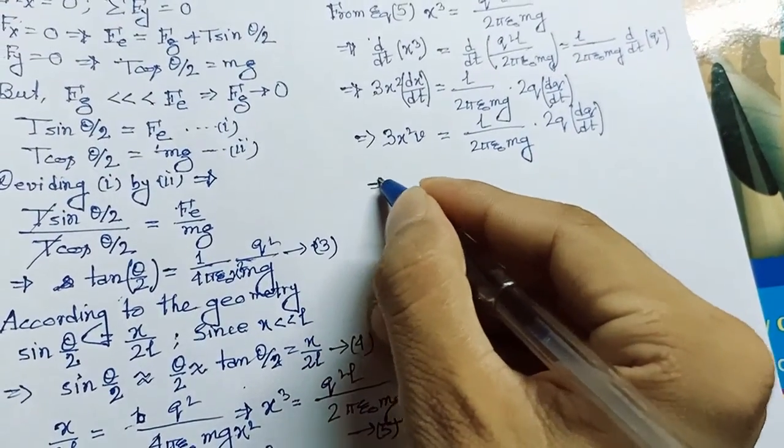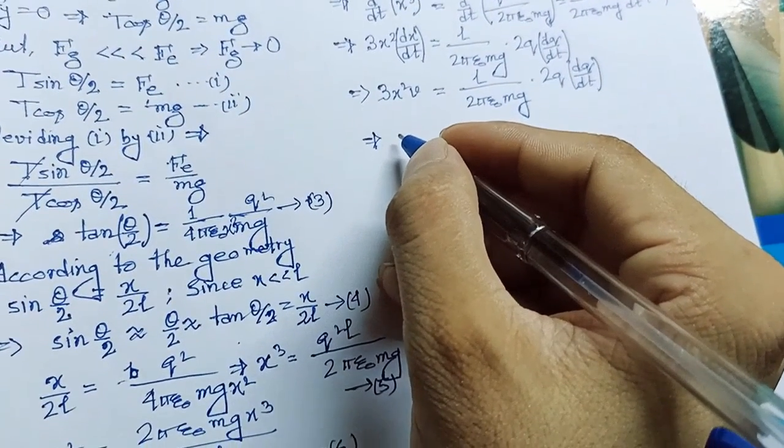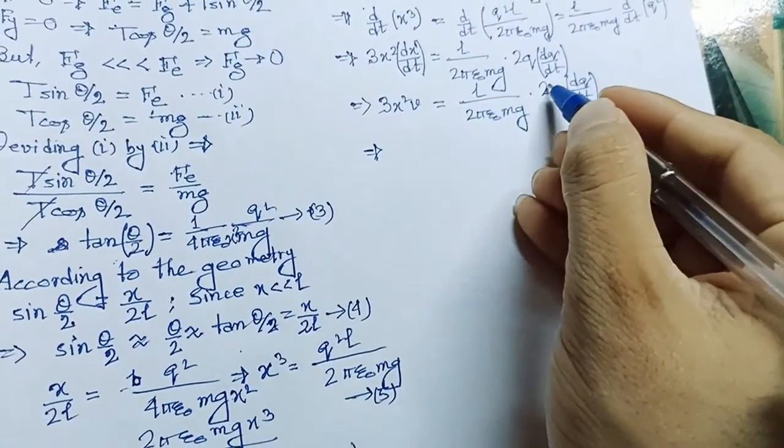So in the next step, we can write from this equation this 2 and 2 will get cancelled.